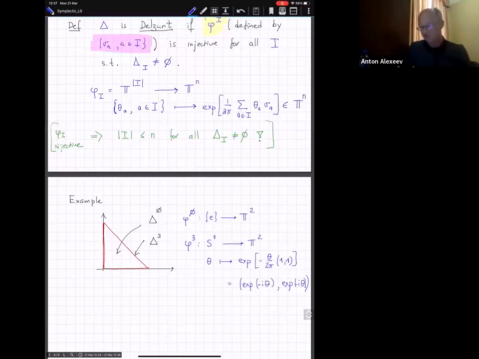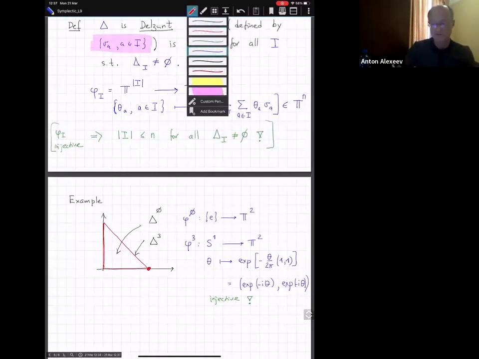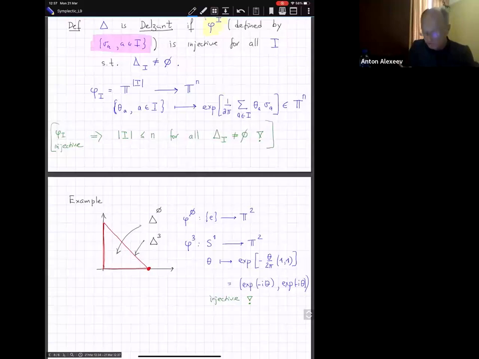All right. So this is an injective group homomorphism from S1 to T2. And finally, what happens with the cone, right? Here, probably the most interesting story is the story of the cone. Let's do a drawing.